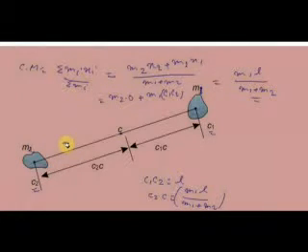Also we have seen that the center of mass of a system of particles is at such a point that the moment of all the masses with respect to that center of mass is 0. So it means that moment of m2 with respect to point C is m2 into C2C, and moment of m1 with respect to point C is m1 into C1C.